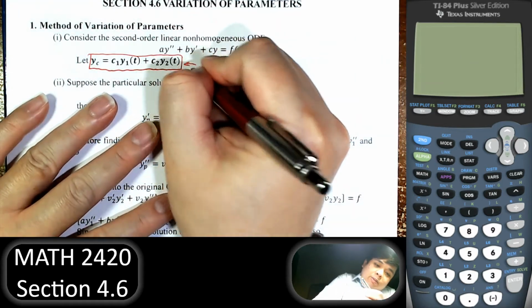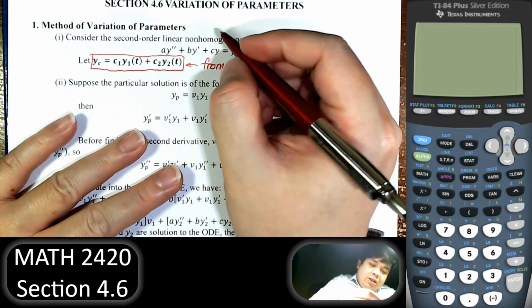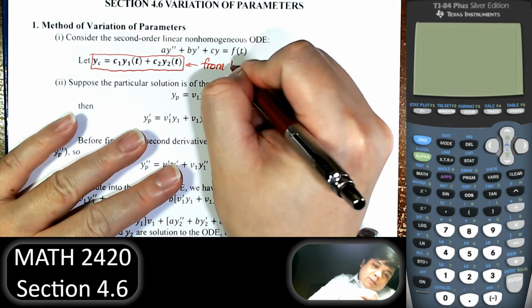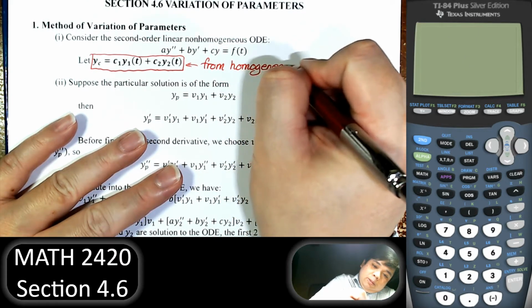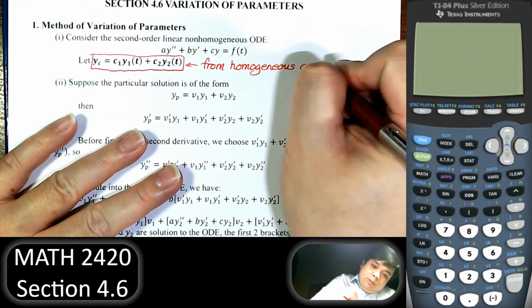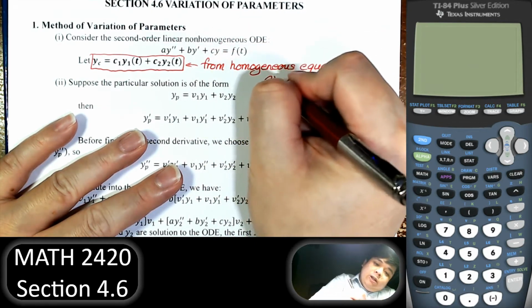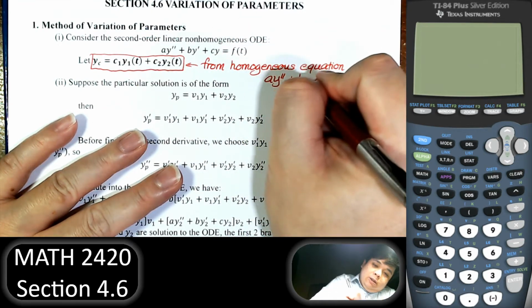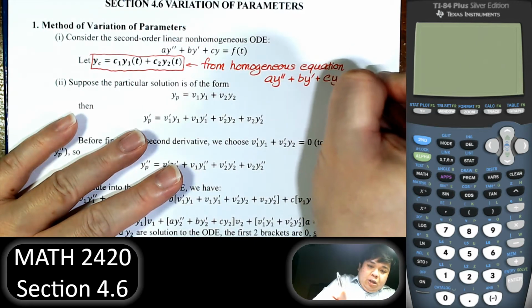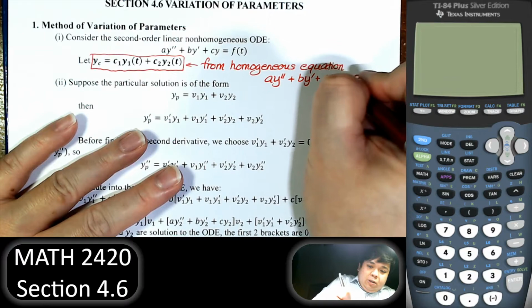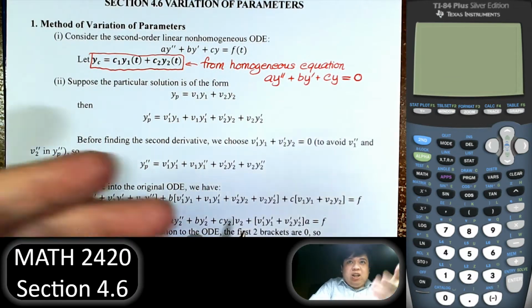This comes from the homogeneous equation, the same equation, but with the right hand side equal to 0.